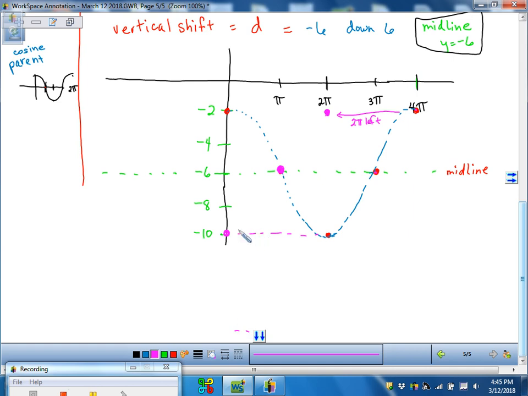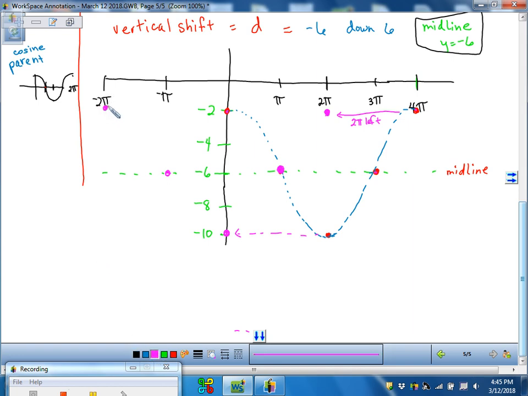So each time I'm just shifting it over 2 pi to the left. Again, I take this point that's on the midline, move it 2 pi to the left. So I'm now over at negative pi. And then finally I move my first point that's on the y-axis 2 pi to the left, and it will end up over at negative 2 pi.